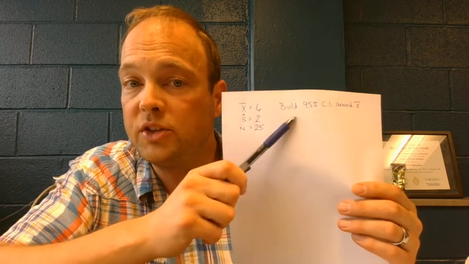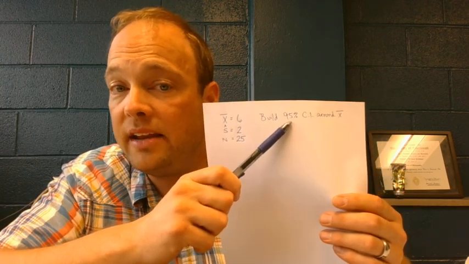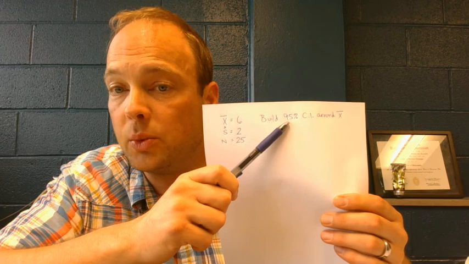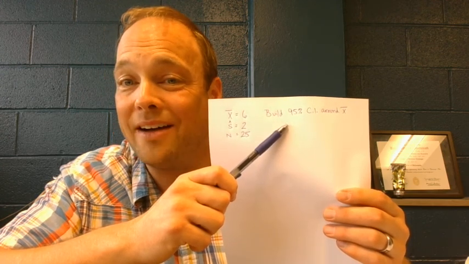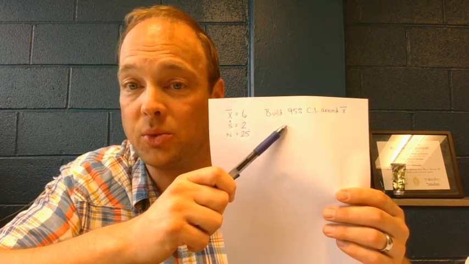However, once we build 95% confidence intervals around that mean, we will have 2 additional numbers that surround that mean.